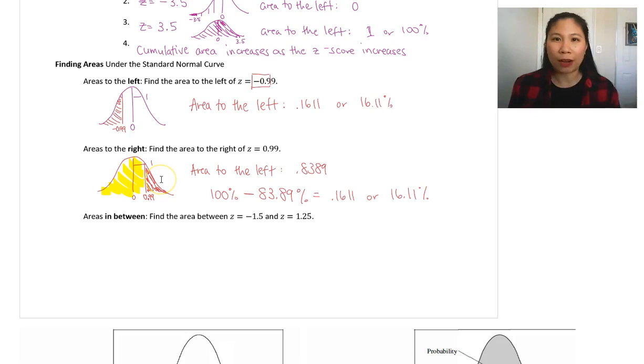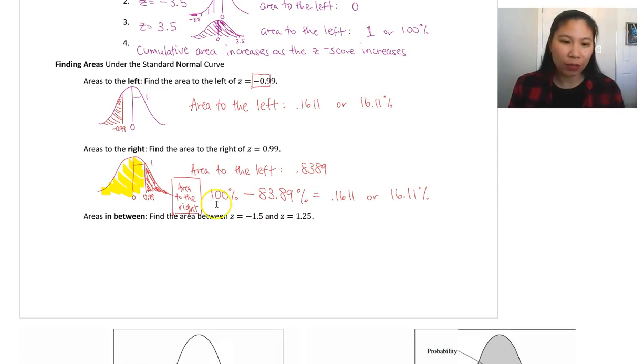So the area on the left or on the right is going to be the same amount on each side. That's why our percentages were exactly the same. All right, so to summarize, anytime we're finding areas to the right, you're always going to have to do this extra step of subtracting the area to the left from 100%, or if you do 1 minus 0.8389, that would have gotten you the decimal version.